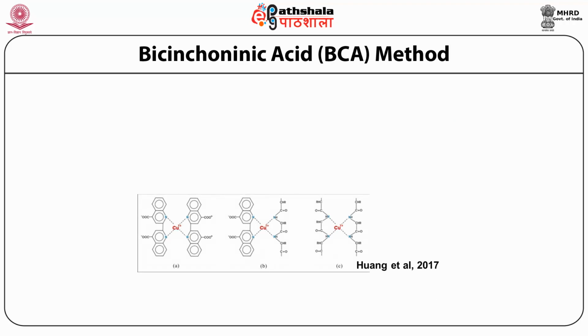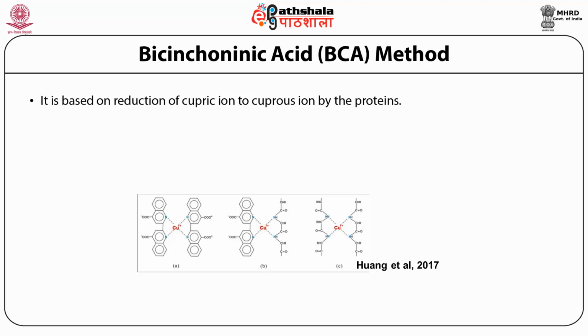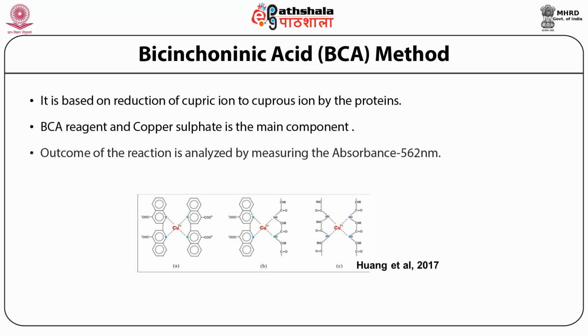We talk about the bicinchoninic acid, simply called the BCA method. It is based on the reduction of the cupric ion to cuprous ion by the proteins. BCA reagent and copper sulfate are the main components of this reaction, and the outcome of the reaction is analyzed by measuring the absorbance at 562 nanometers. This is one of the most sensitive methods and requires a minimum amount of protein.